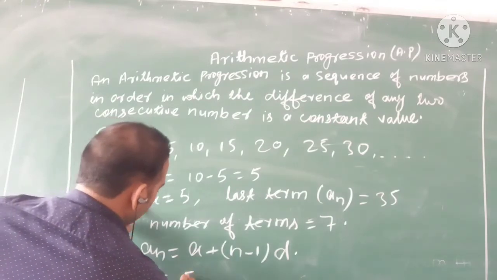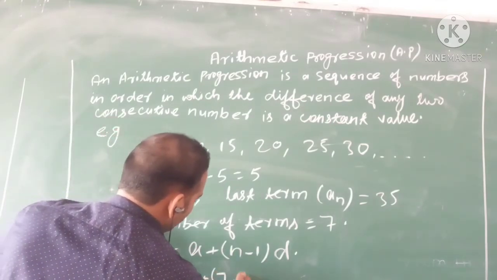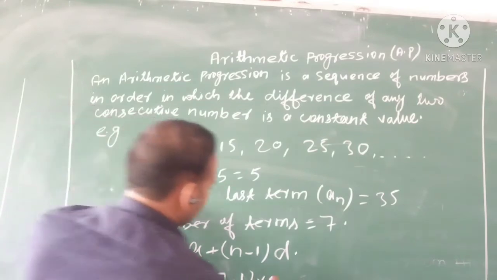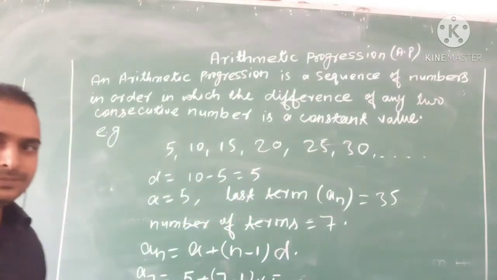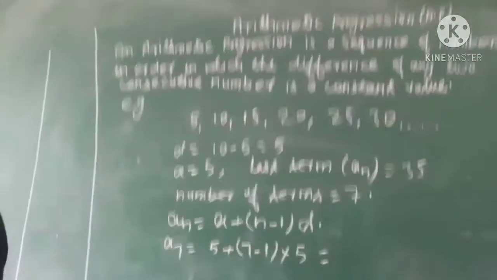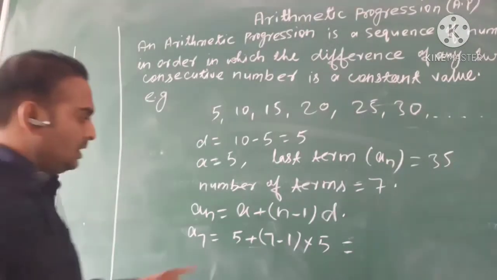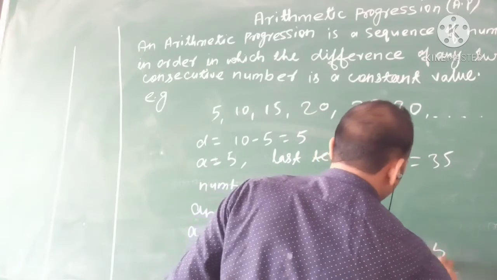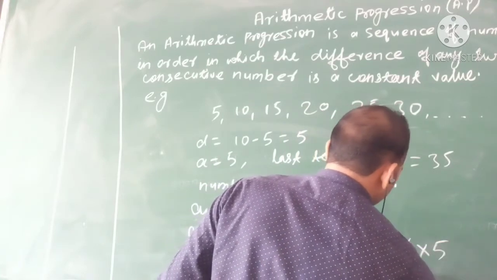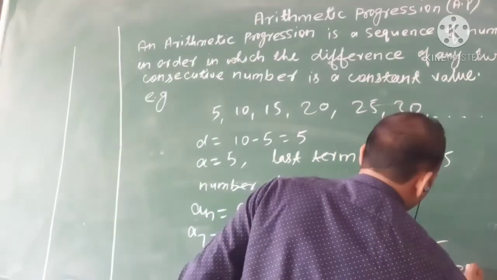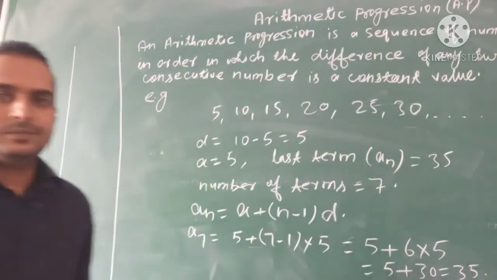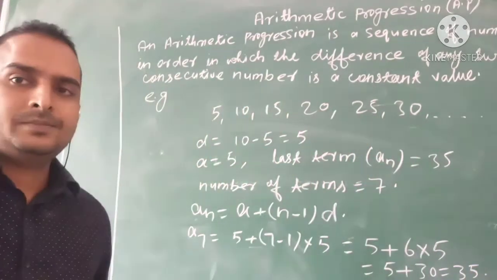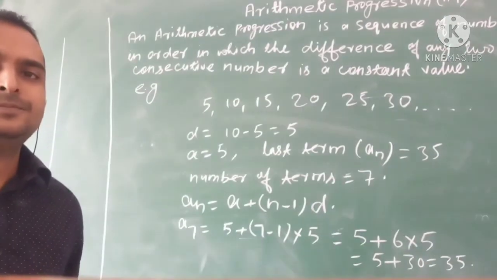A is 5, plus 7 minus 1, and D is also 5. That is 5 plus 6 into 5, 5 plus 30, that is 35. You got 35.